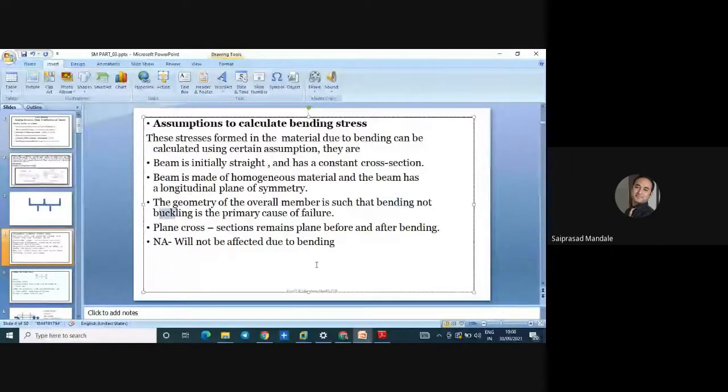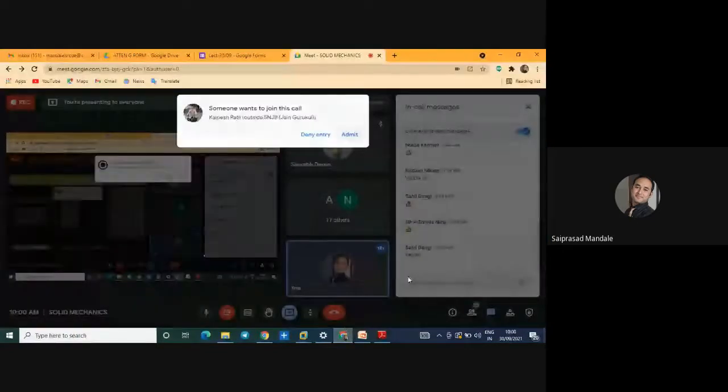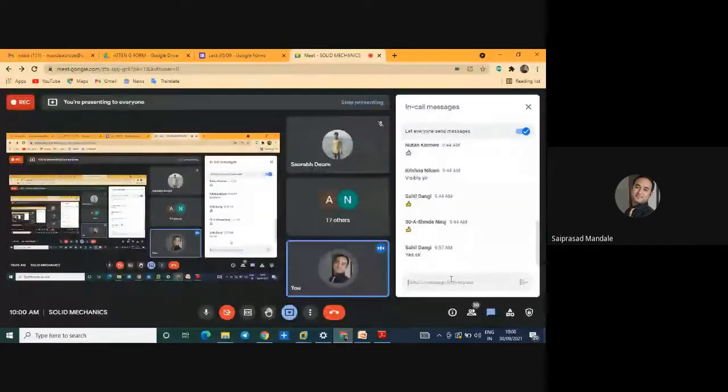My question for you is a very important point, from the oral point of view and the exam point of view too. All beams will fail in which mode? Buckling, crushing, shearing, torsion, or bending?